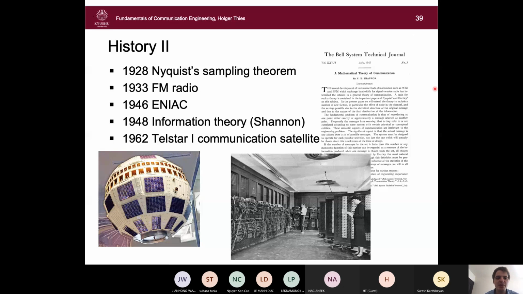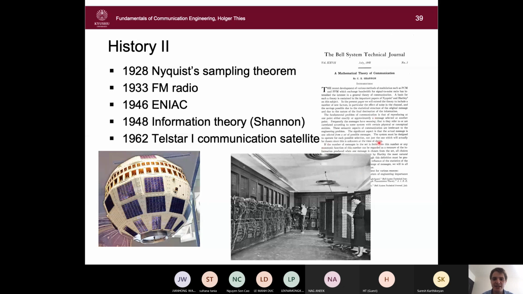So apart from Nyquist's sampling theorem in 1928, another important breakthrough was 1948, when Shannon published his groundbreaking paper, which was called A Mathematical Theory of Communication. This paper marked the beginning of a new field called information theory, and still is the foundation of today's research in communication and information theory.